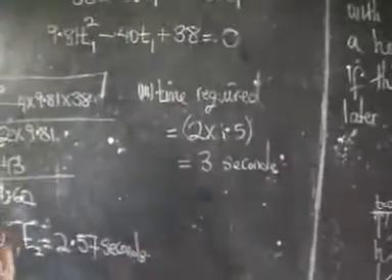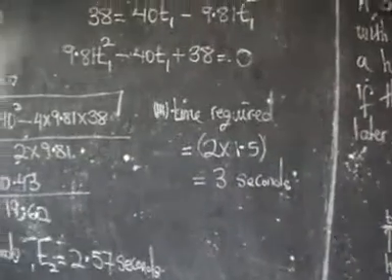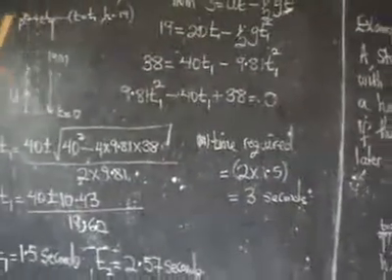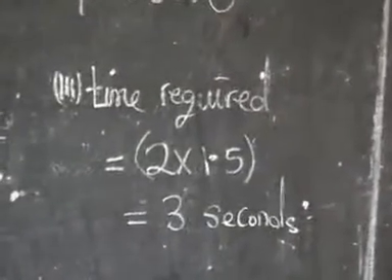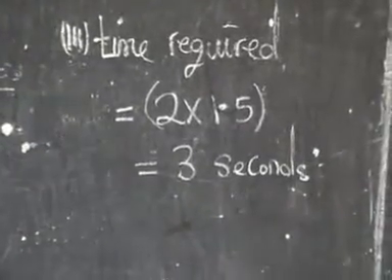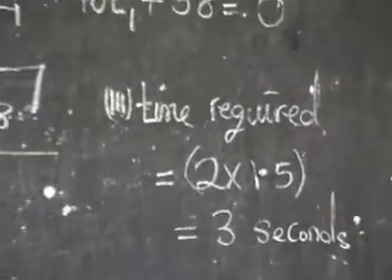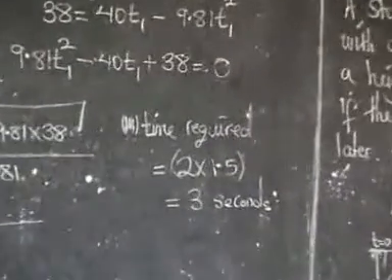So if they had asked us the time when it is above, then it would be t2 minus t1 to get the time taken to move from here up to there. But for this question, they wanted the time when it is below that altitude of 19 meters.